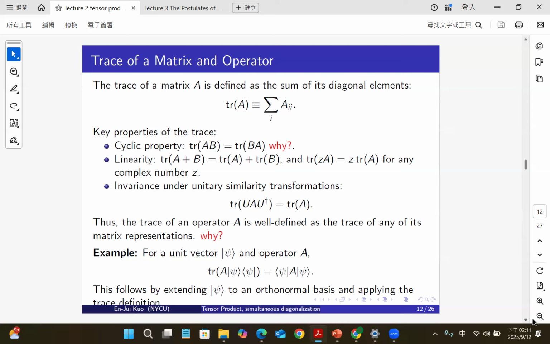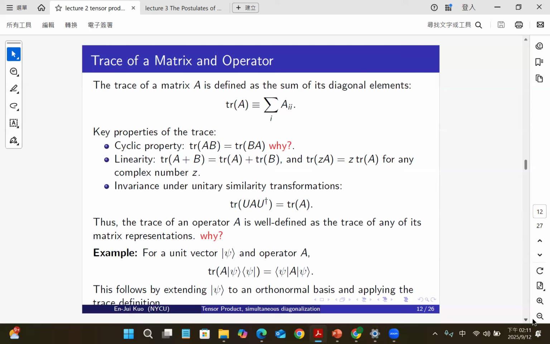Okay, so this one is called invariance under unitary or similarity transformation. So it means that if you take the trace of U inverse A U, because U is a unitary, right? So the complex conjugate transpose is the same as the inverse.